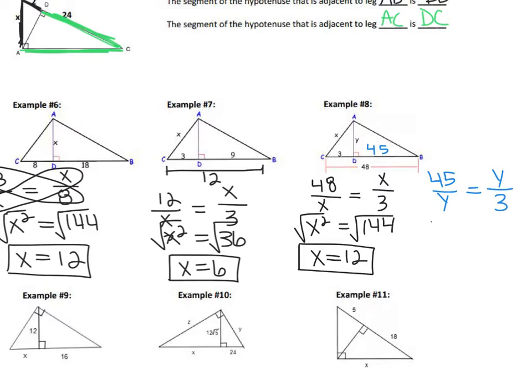Cross multiplying gives us y squared equals 135. Take the square root of both sides, and we get y equals the square root of 135, which, using a calculator, is roughly 11.6.